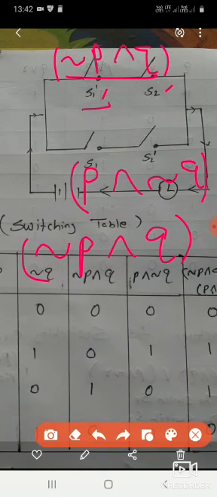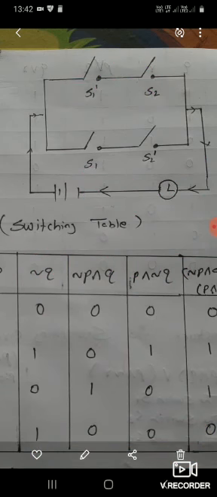Listen, from this one, first what are the things we write: what is P, what is Q, and the symbolic form of this statement. This is here. Now we are going to use the table to solve this one. So P, Q, negation of P, negation of Q we need. Then negation of P and Q, one column, and P and negation of Q, one column.